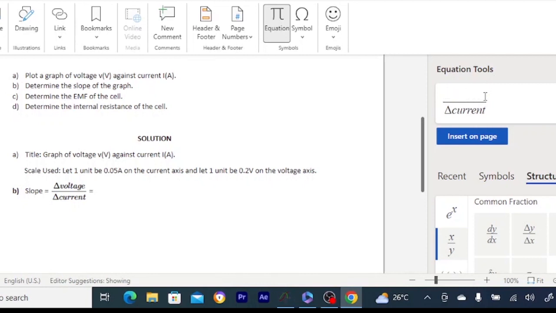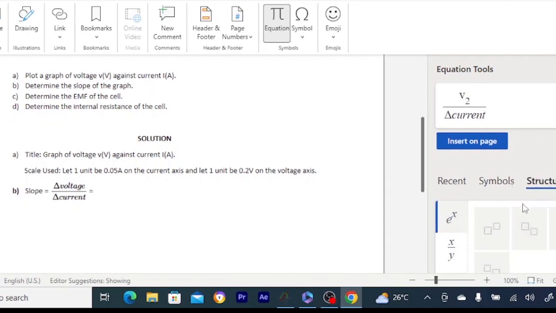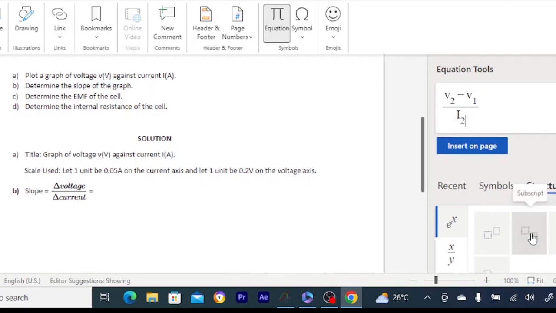So it becomes V subscript 2 minus V subscript 1, all over, since our current was I, I'm going to use I to represent current, I subscript 2 minus I subscript 1.